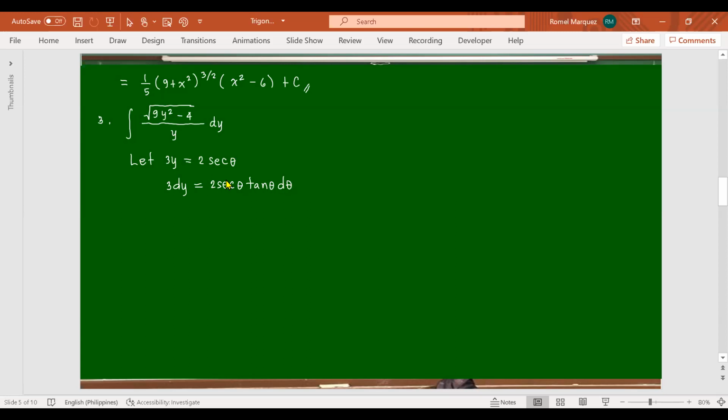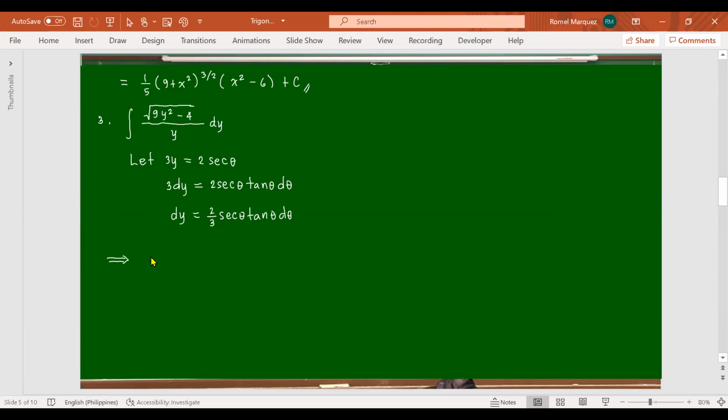Am I correct, guys? So solving for dy, this is 2/3 of secant theta tangent theta d theta.